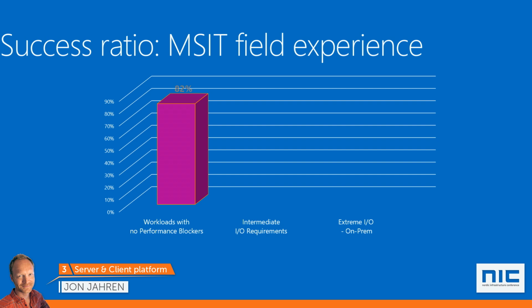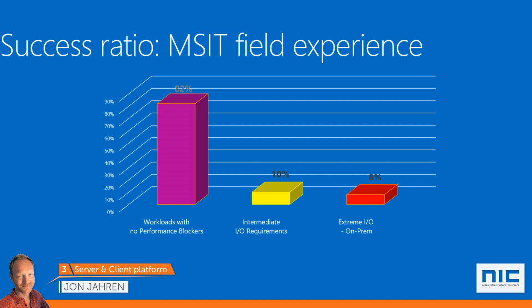Microsoft IT. Our own IT department has recently finished a large project about moving most of the MSIT servers into Azure, and they produced some interesting statistics about the success ratio, and it's the common 80-20 rule.